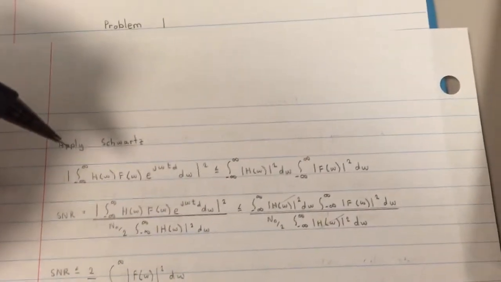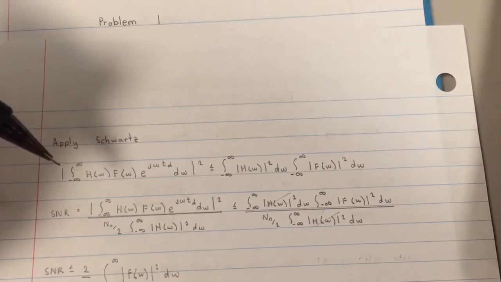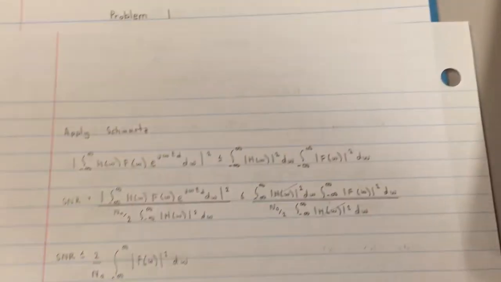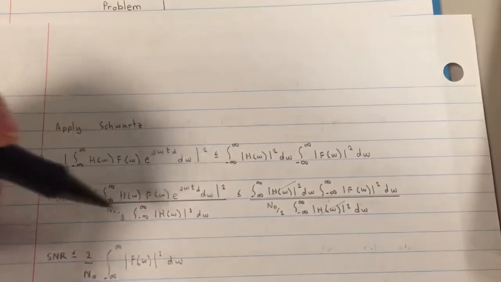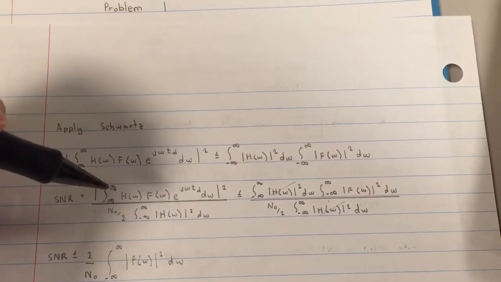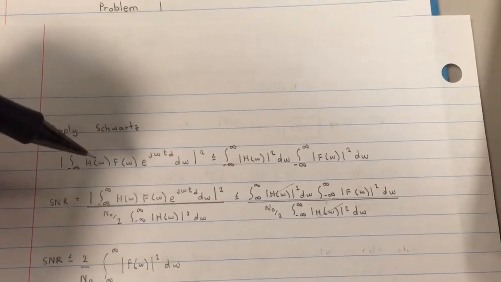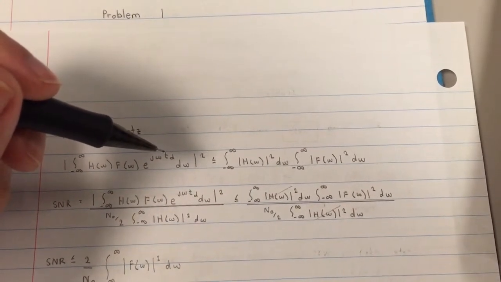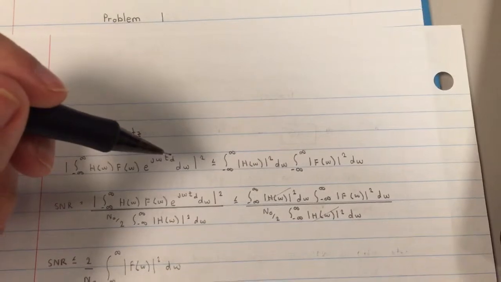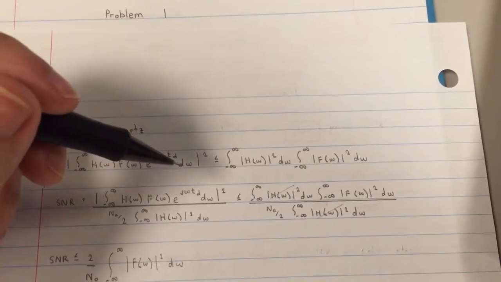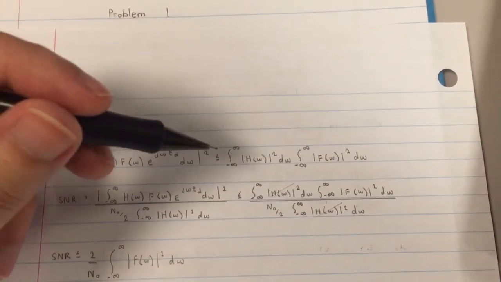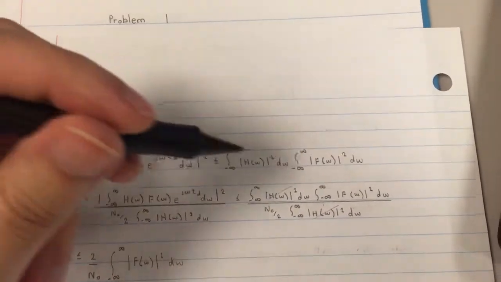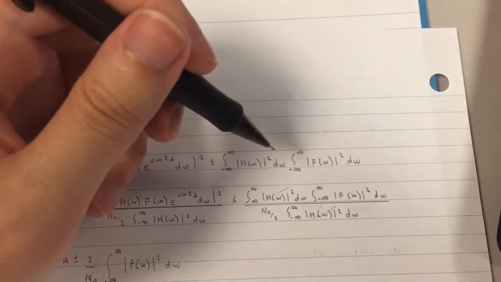So by applying Schwarz, we now see that the absolute value of what was before the top of the signal to noise ratio, the integral of h of omega times f of omega e to the j omega td, or peak time, d omega, absolute value squared, is less than or equal to these individual components multiplied by each other.